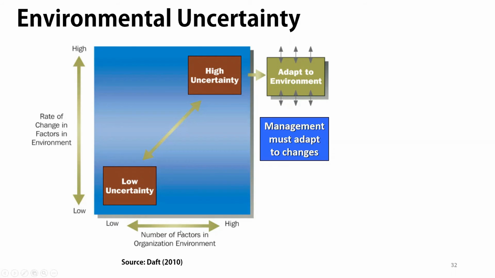And technology alone is one factor; the COVID-19 pandemic is another factor affecting business now. So when you have a high rate of change, and a high number of factors affecting the environment, creating high uncertainty, you need to be adaptable, okay?